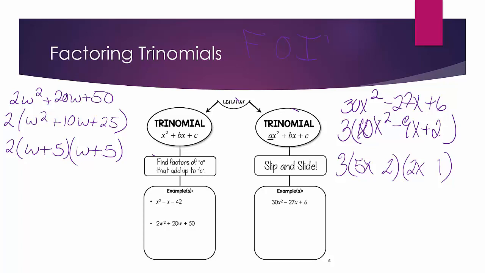So I'm worrying about the outer and the inner parts right now. So 2 and 2 is 4, 1 and 5 is 5. So that can add up to 9. So now I've got to figure out how to make it -9. I have a positive 2 here, so I can make both of these guys negative, and a -9 here, so I'm going to make both of these guys negative. And that's my answer. So let's go ahead and look at some examples.